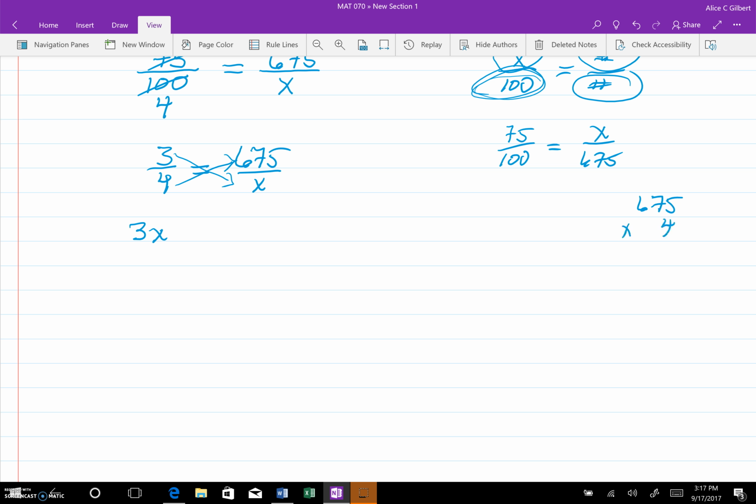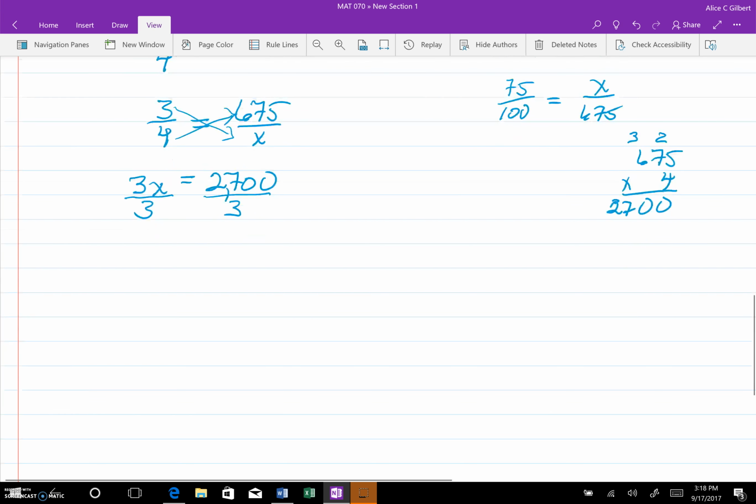I need to multiply it out. So that's 20, 28 and 2 is 30, 24 and 3 is 27, so equals 2,700.